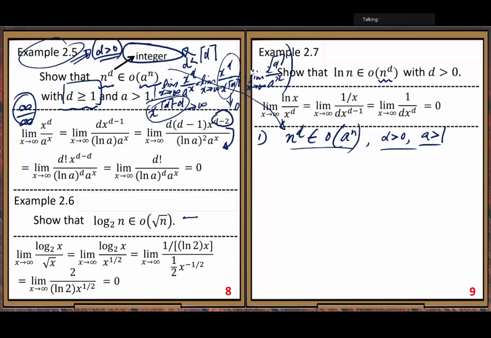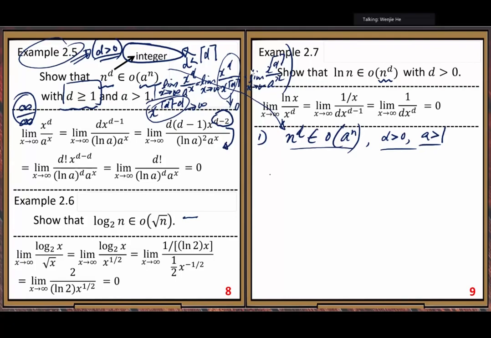For example, d is an arbitrary positive number; here I just use positive integers. But d must be fixed. After you choose a positive integer d, you have to fix it. Your n is variable, you can change it, but d, as soon as you choose it, you cannot change it.